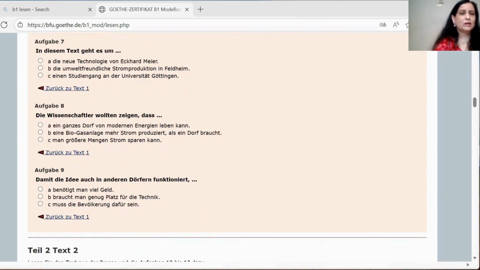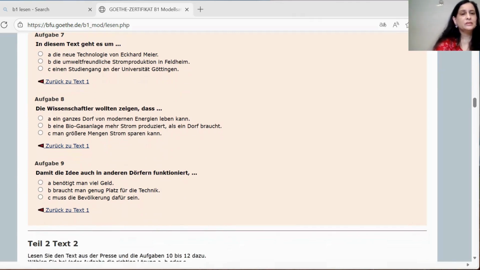Okay. Now we'll see Aufgabe 8. Die Wissenschaftler wollten zeigen, dass... Now the scientists, they say that the first one is ein ganzes Dorf von moderner Energien leben kann. The next one, B, is eine Biogasanlage mehr Strom produziert als ein Dorf braucht.